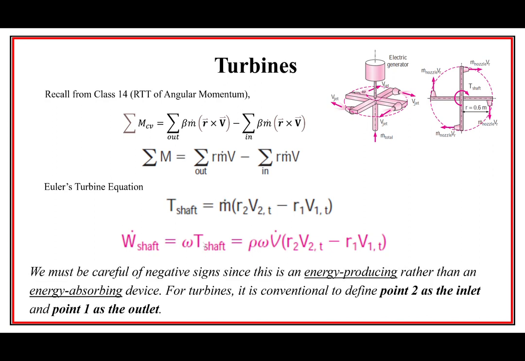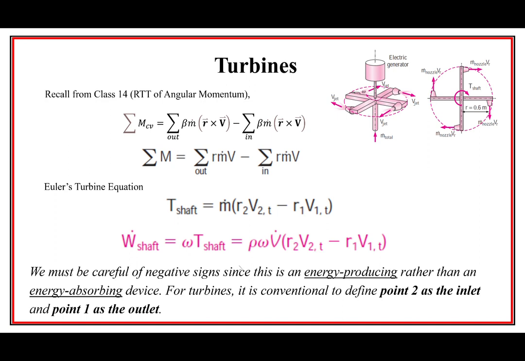Now here's a note. I think I took this right out of Cengel's, where he says we must be careful of negative signs, since this is an energy producing rather than an energy absorbing device, and therefore for turbines we switch what we consider point 2 and point 1. So in this case, point 2 is the inlet and point 1 is the outlet.